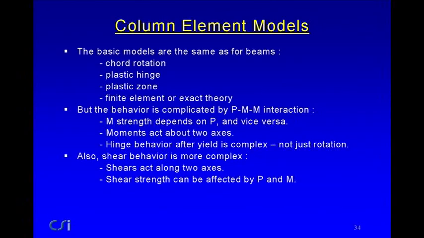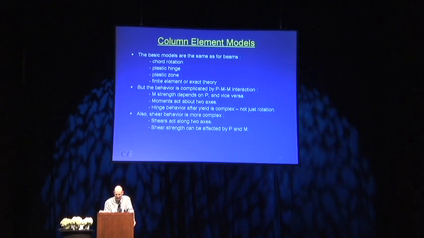We now have biaxial bending rather than uniaxial bending as in a beam, which is a complication. And most important, after yield occurs, after a plastic hinge forms, what does it do? It doesn't simply rotate. It's much more complicated than that. The shear behavior is also more complicated.